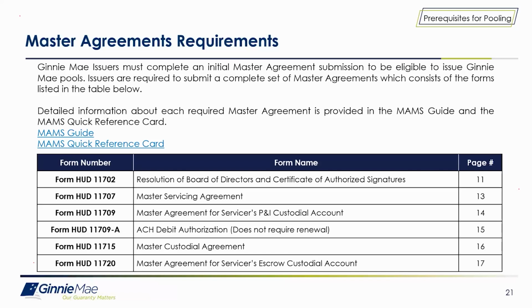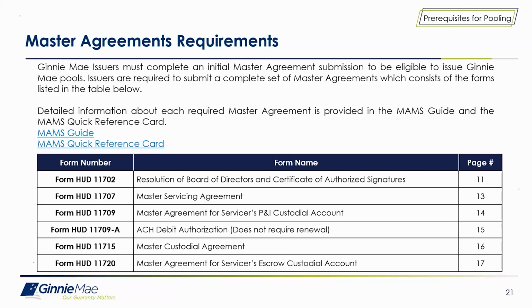You have the 11707, the Master Subservicing Agreement. Then you have the HUD 11709, that's the Master Agreement for Servicer's P&I Custodial Account. You have the HUD 11709A, that's the ACH debit authorization. I was just going to say that does not require renewal, but it's one of the forms that you're going to need as part of the process.